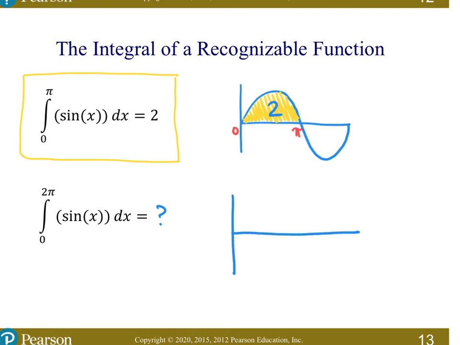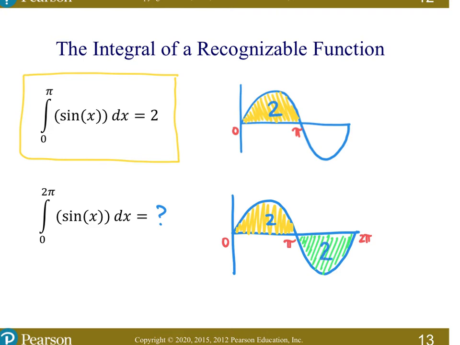Well, you can use the symmetry of trigonometry. Right, we know that this area up to pi is a value of 2. And if we keep going to 2 pi, this area has the same shape.